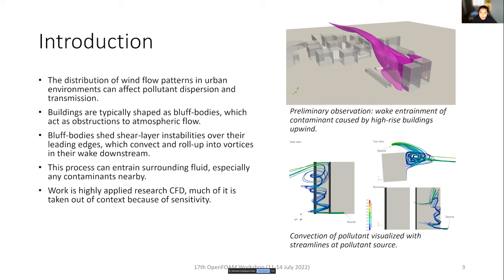These buildings are typically shaped as bluff bodies, which, like I said, act as obstructions to atmospheric flow. As these tracer gases follow the streamlines or the path of this atmospheric flow, they move or meander their way around the city. But one thing that we observe in some of our preliminary results is that these bluff bodies shed their own shear layer instabilities, of course, and these shear layer instabilities convect and roll up into vortices in their wake downstream.